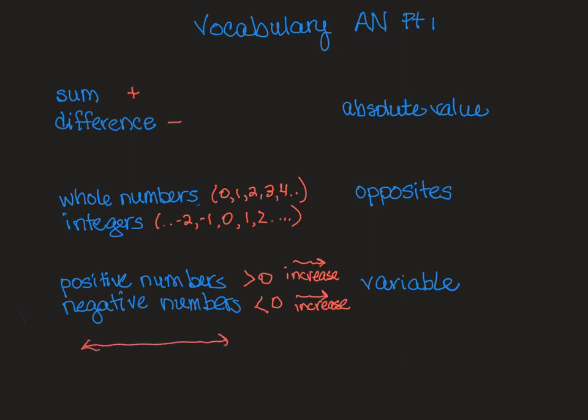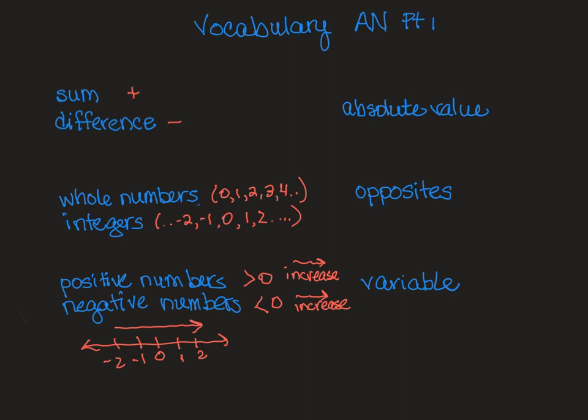So the increase is going in the same direction on the number line. If I have a number line and I have 0, 1 and 2, and I have -1 and -2, the values of the numbers are increasing regardless of whether they're positive or negative. -1 is greater than -2 because I'm only 1 in the hole instead of 2.